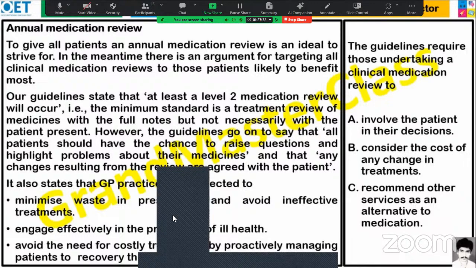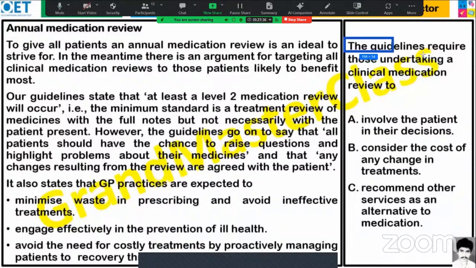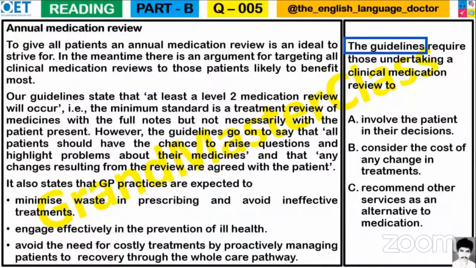Answer is here. So the guidelines state that, inform that, tell that, means require. Now the guidelines require at least a level 2 medication review will occur.